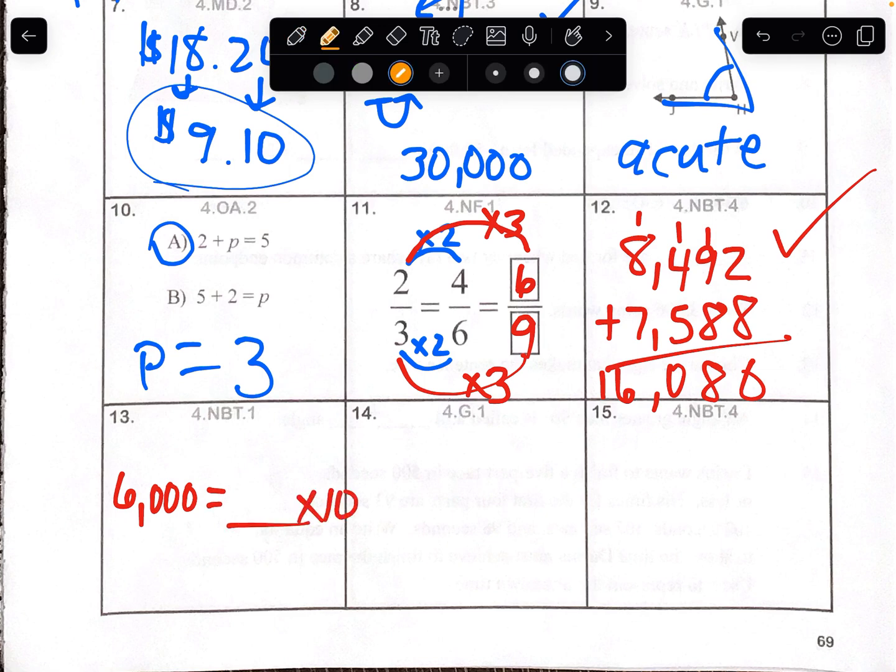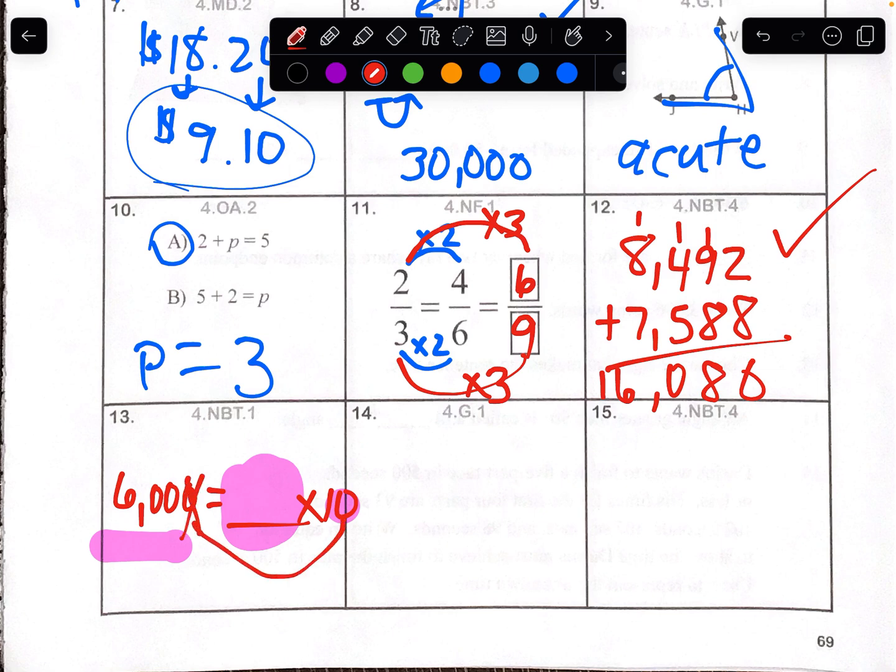Now, remember, when you multiply a number by 10, all it does is add a 0 to the product. So if it's adding a 0 to the product, you're missing the other factor. So you take that 0 away, and what's left is 600.